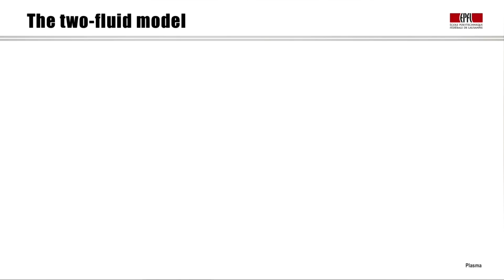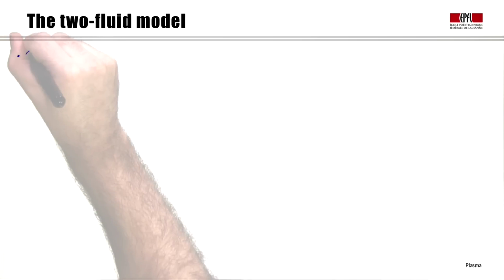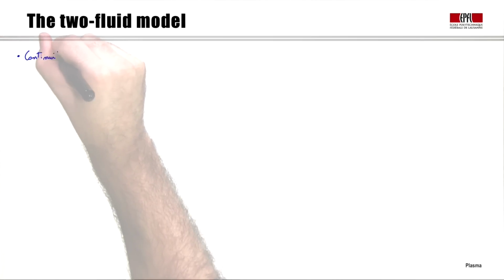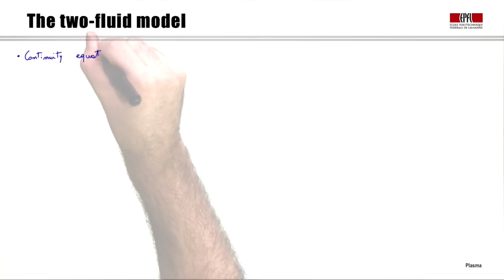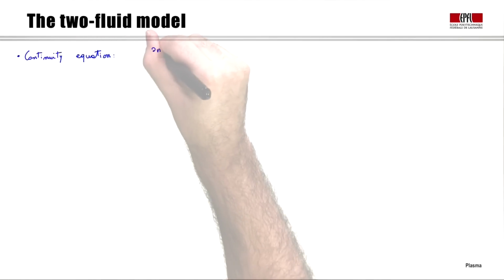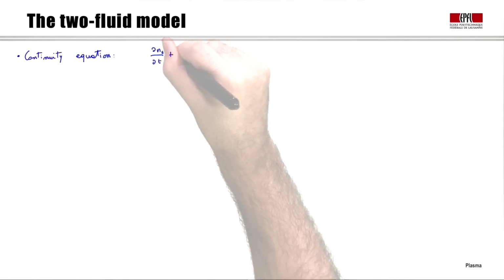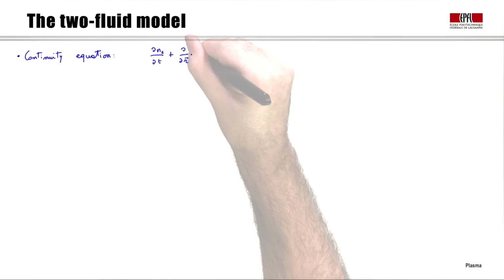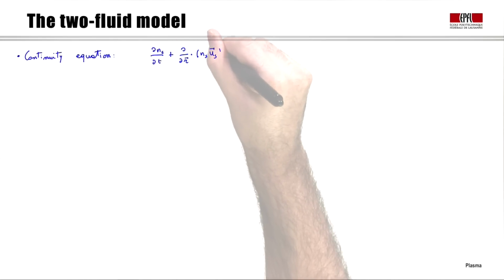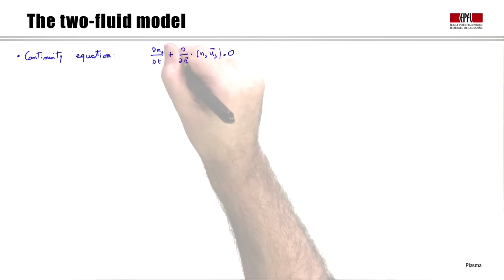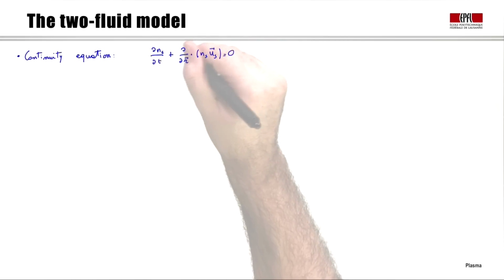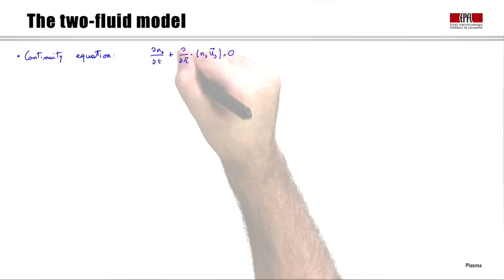So let's briefly recall the main elements of the two-fluid model. Within the two-fluid model, the dynamics of each fluid is given by a continuity equation, that is, the time derivative of the particle density is due to the particle flux.